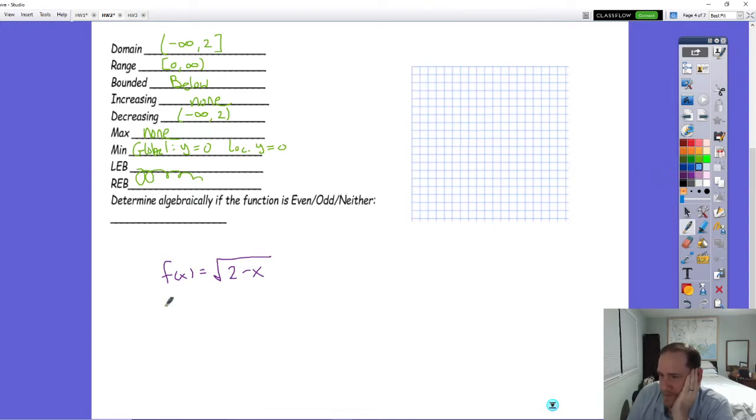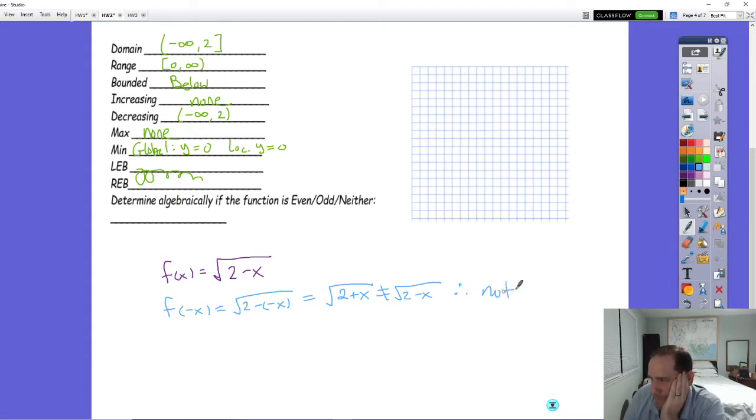So you find f of -x. And it's square root of 2 minus -x, aka 2 plus x. Which I'm going to go ahead and go out on a limb on and say that's not the exact same as square root of 2 minus x. Therefore, not even.